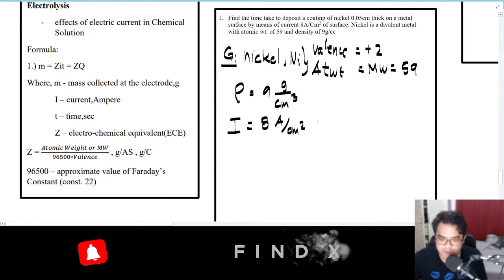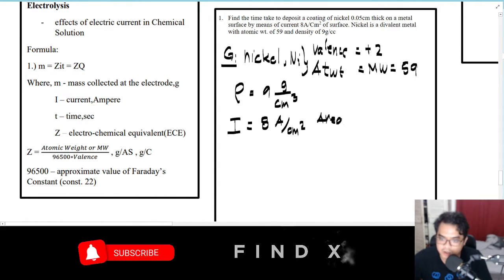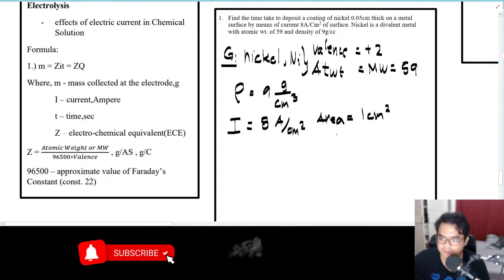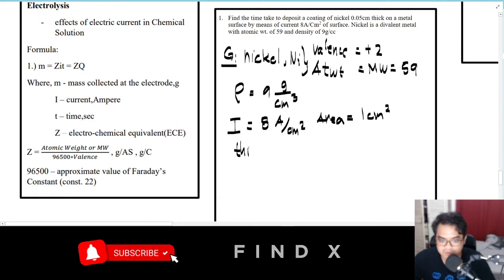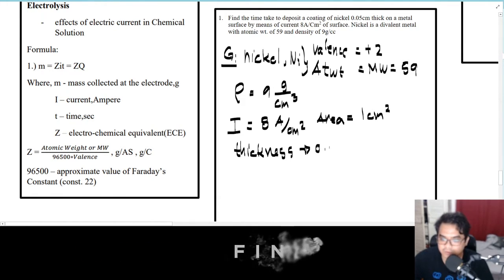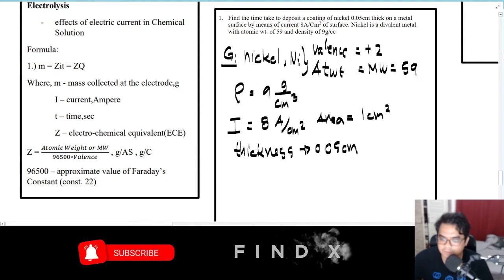In this case, we can say that the area here, assuming that the area is 1 square centimeter. And the thickness of the coating on a metal is 0.05 centimeter.